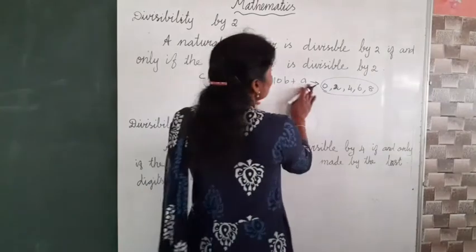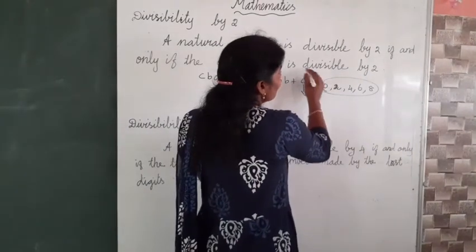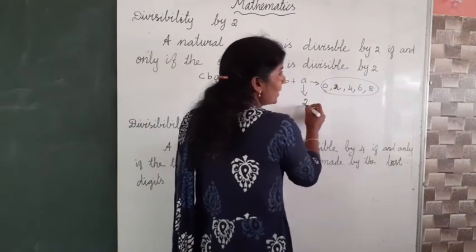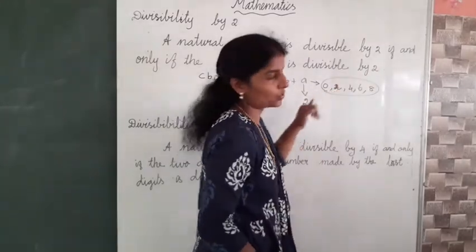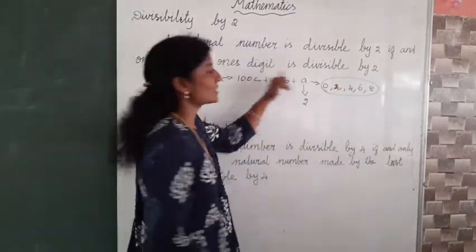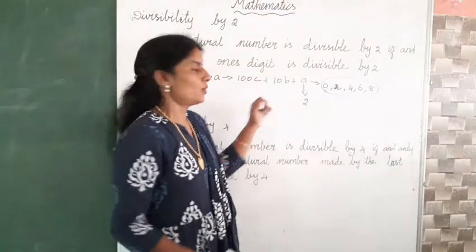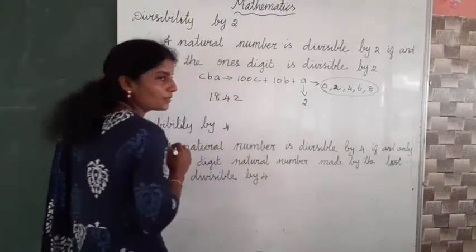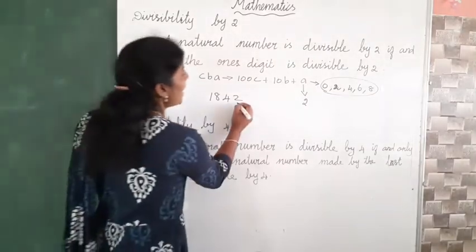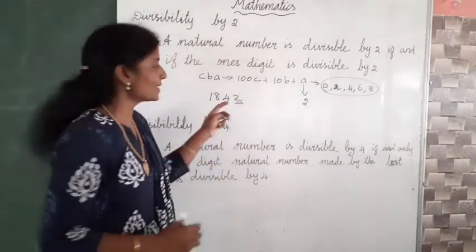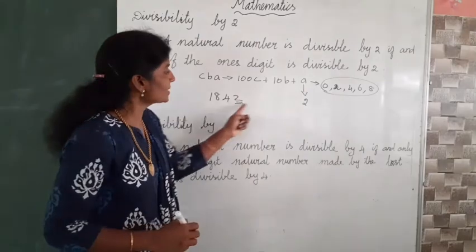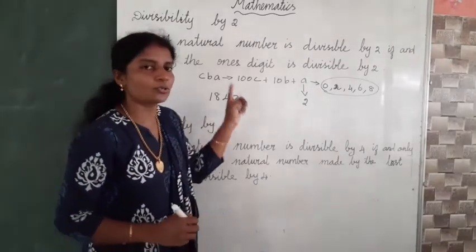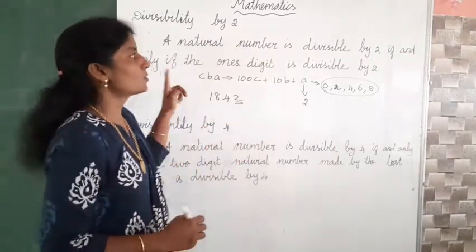So here this is the ones place, we have 2, and 2 is divisible by 2. So we can say these numbers are divisible by 2. For example, 1842 is divisible by 2. Yes, we have an even number in the ones place, that is 2. So 1842 is divisible by 2.